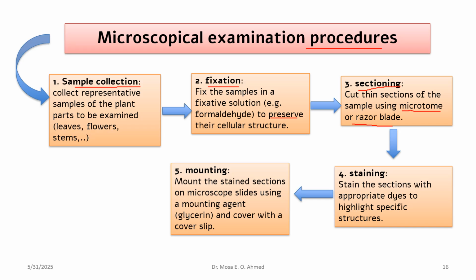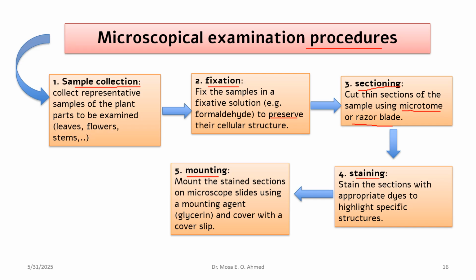After sectioning, the fourth step is staining, using appropriate chemical reagents or dyes to highlight specific structures. The last step before observing under the microscope is mounting. Mounting means using a mounting agent to fix the sample on slides, and after that we add a cover slip to be visualized under the microscope.